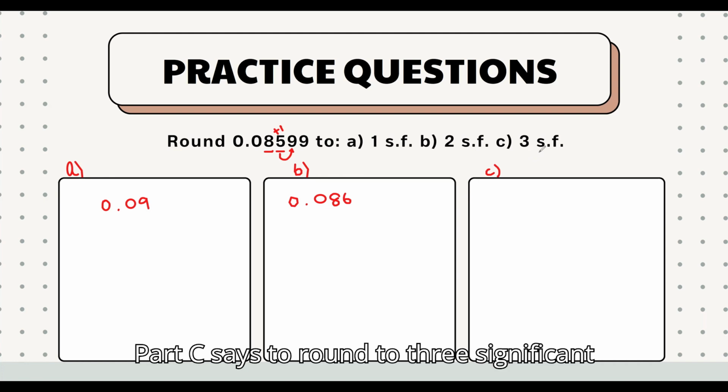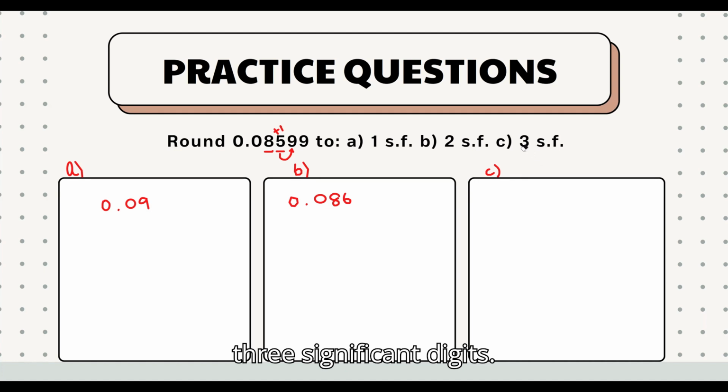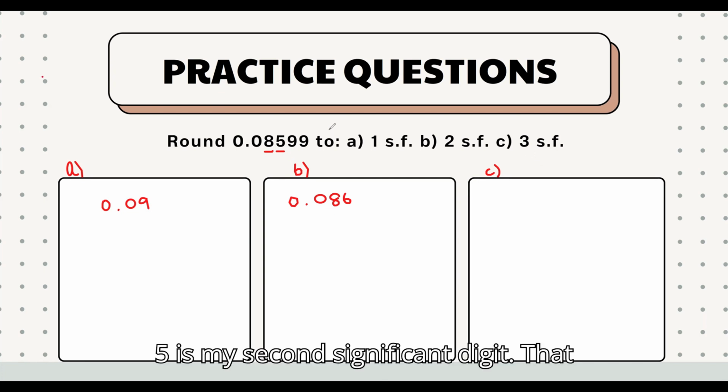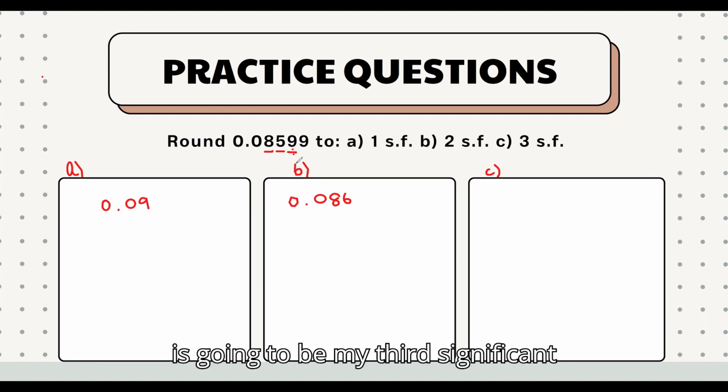Part C says to round to 3 significant figures. So now I'm going to figure out 3 significant digits. 8 is my first significant digit, 5 is my second significant digit. That means that 9 is going to be my third significant digit.